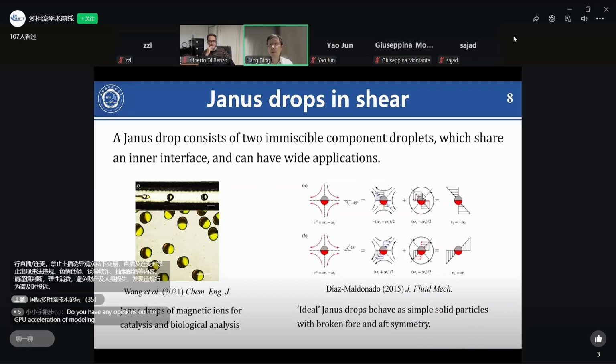Even for very simple configurations like showing on the right figures here, for the ideal Janus droplet, that means the volume and the shape of the component droplets are symmetric, they can behave like a simple solid particle with broken fore-and-aft symmetry here. They have some analytic solutions and show very interesting dynamics there.